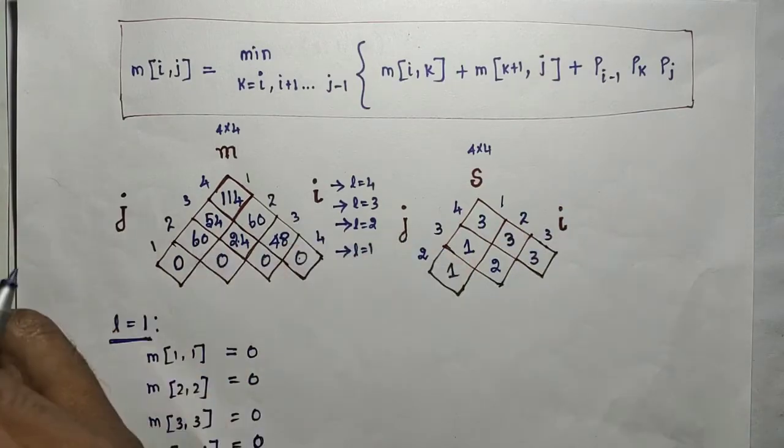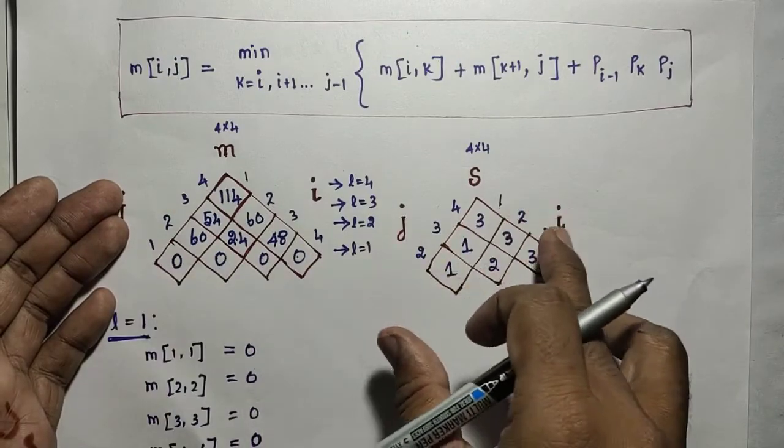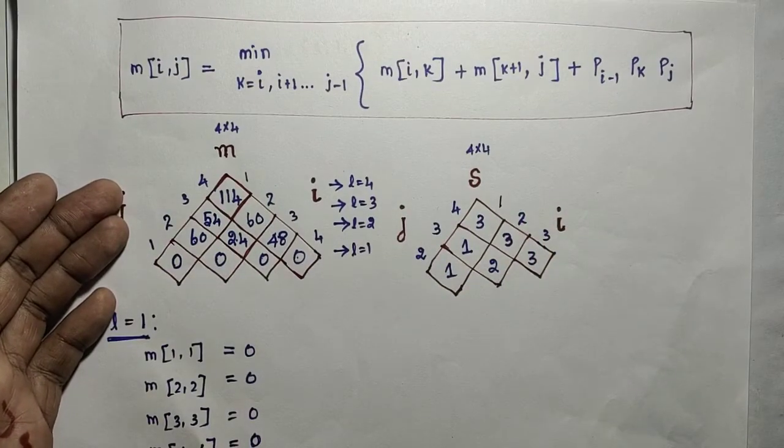It means that A1 to 3 is the left side, and 3 plus 1 to j is the right side.